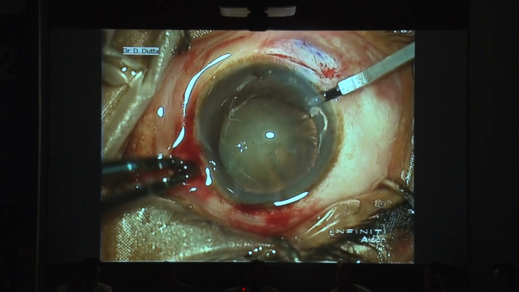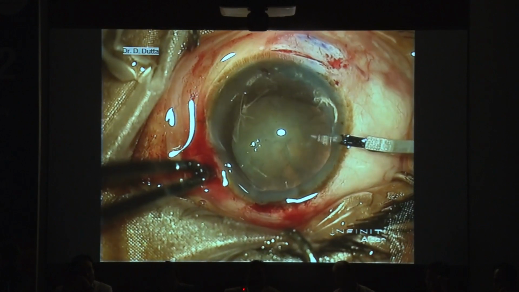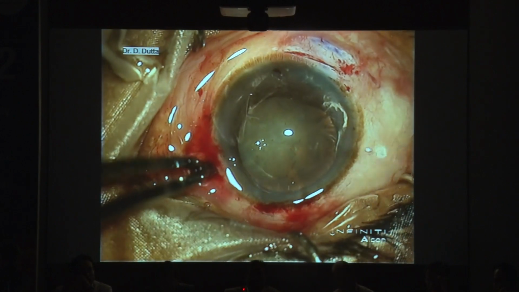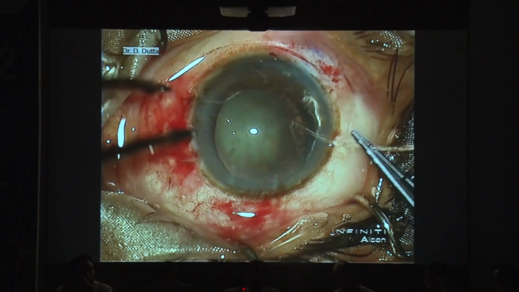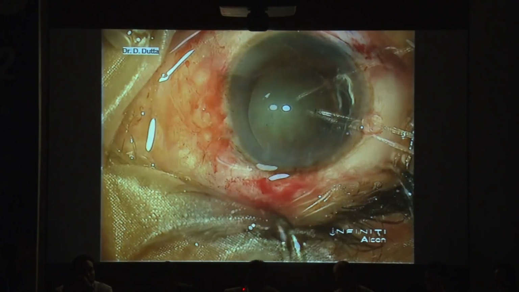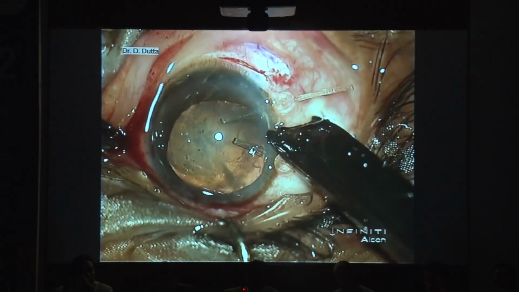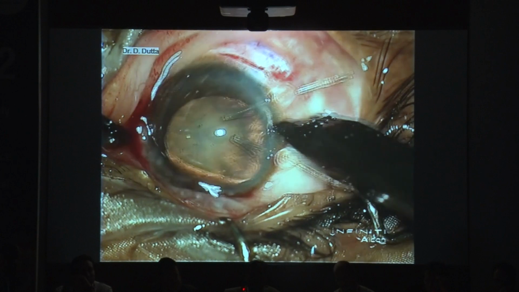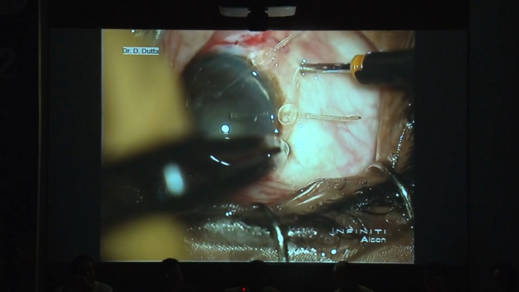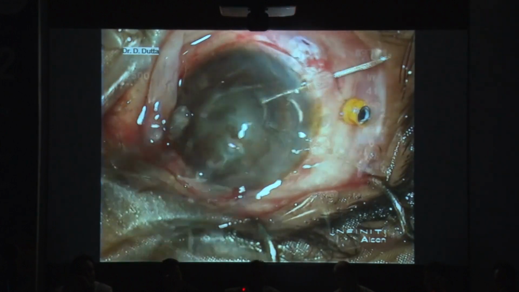Two stab incisions are made adjoining the area of dialysis, and capsular hooks are used to support the area of dialysis temporarily. A 23 gauge trocar is placed in the pars plana. Oh doctor, it hurts. Relax, it won't hurt anymore.